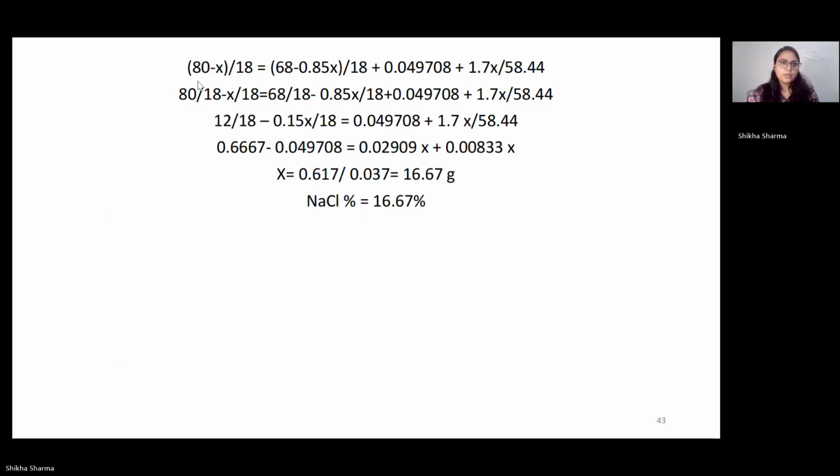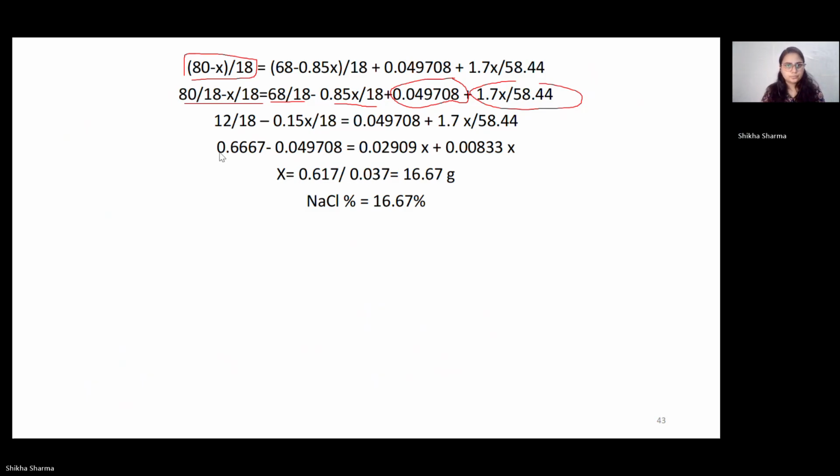So it would be 80 divided by 18 minus x divided by 18. We are basically separating the numerical values from the terms which have x. So the 80 divided by 18 is separated, and minus x by 18 is separated, equal to 68 divided by 18 minus 0.85x divided by 18, and this 0.049708 is kept the same, plus 1.7x divided by 58.44 is kept the same.